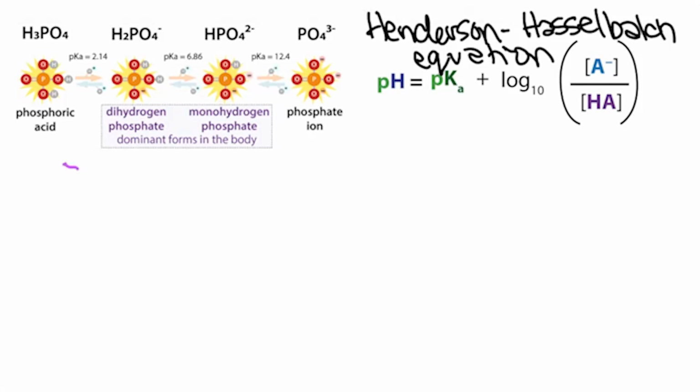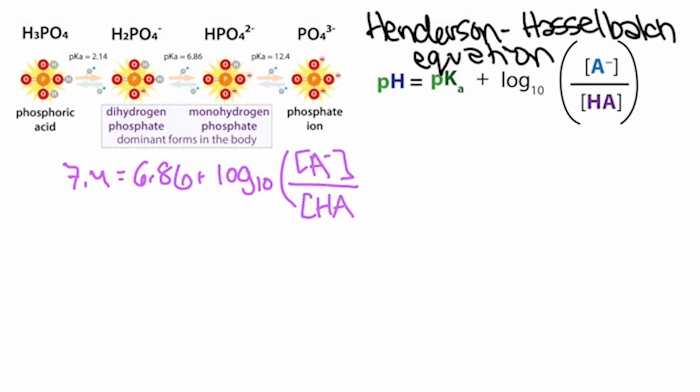So we have pH, 7.4, equals 6.86 plus log 10 of our free acid over our free base. We don't know the actual concentrations here, and I haven't given you the molarity, so we're just going to worry about the ratio of the two.